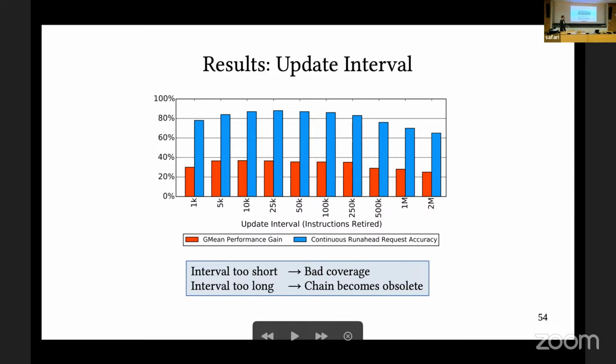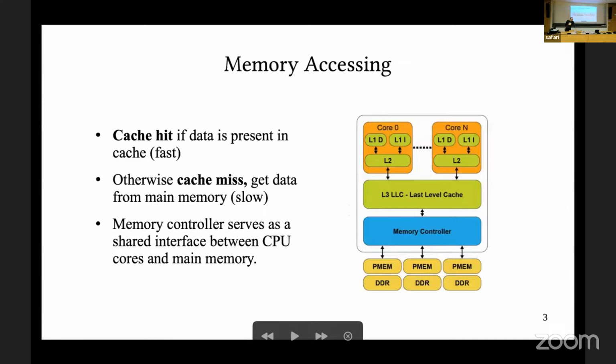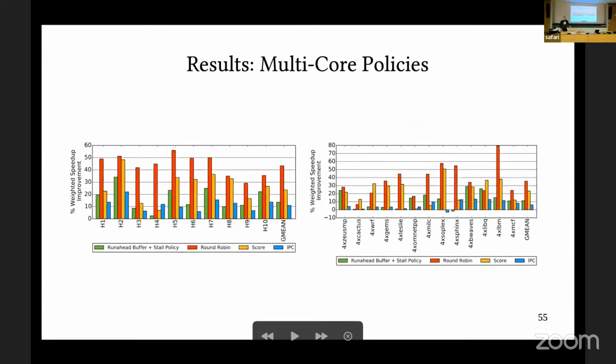And this is also kind of the point why the IPC policy that I talked about for the multi-core selection policy is actually really bad. If you think about it, a low IPC means if you wait for 100,000 instructions to execute, it's going to take more cycles, because you have low IPC.